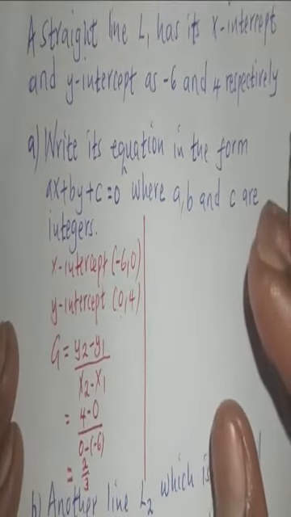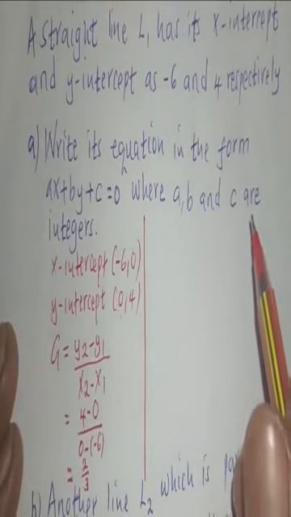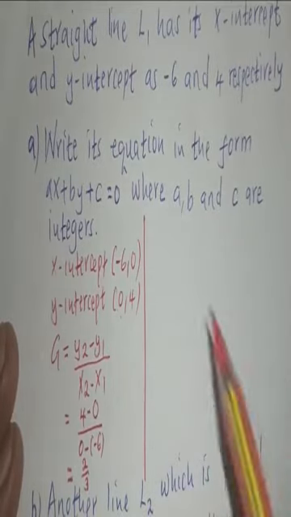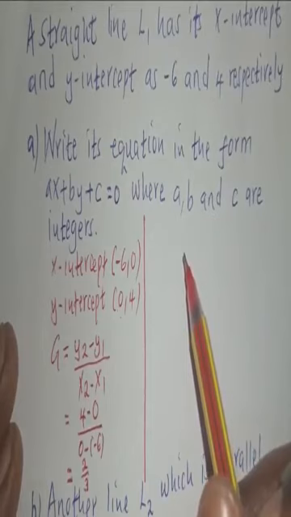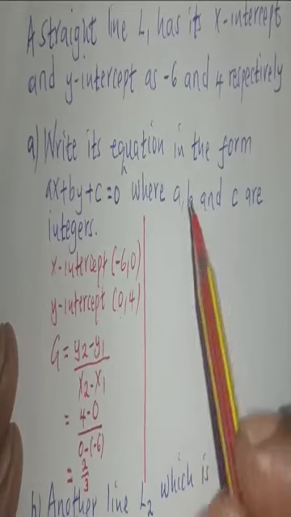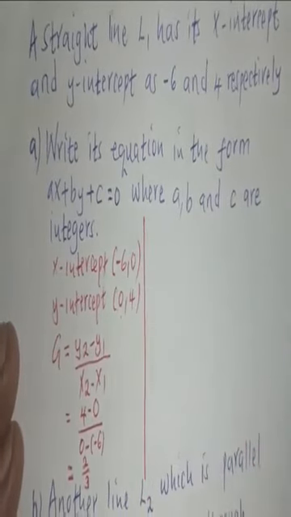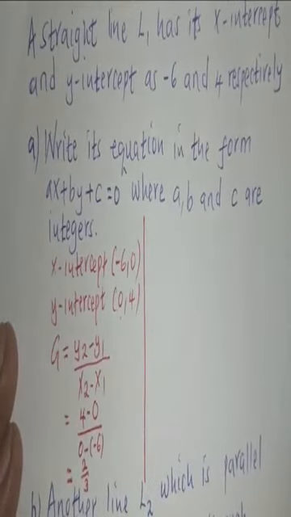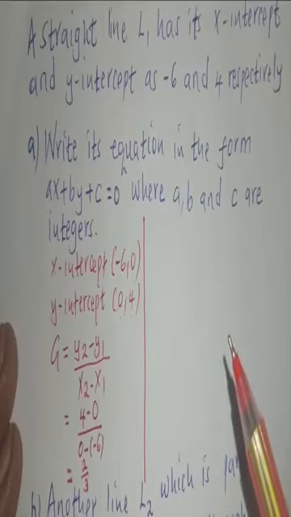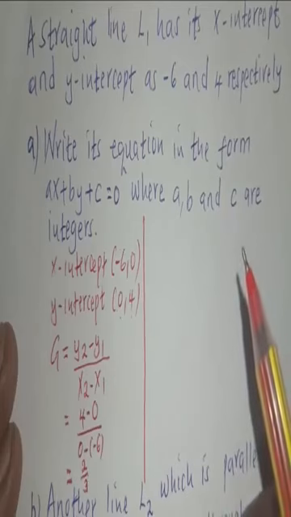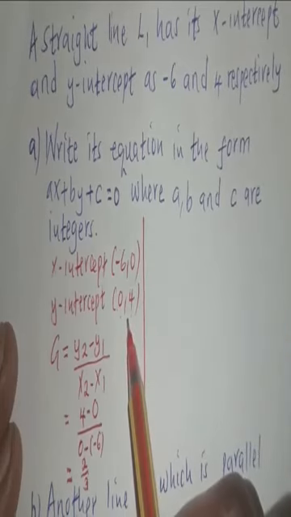Now to find the equation of L1, we choose another point (x, y) on that line. Then we choose between this point or this point. I've decided to use the coordinate of the y-intercept, x2, y2.